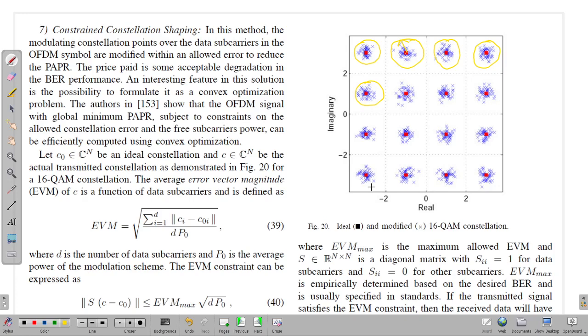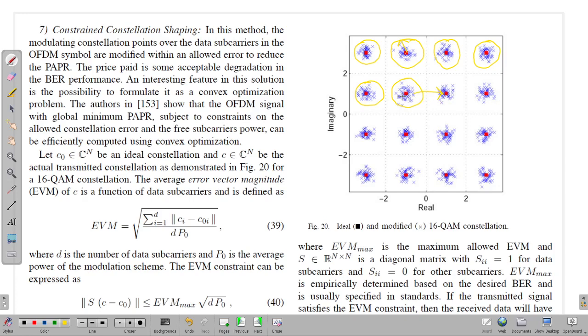But here, if this radius exceeds a particular value, then it gets into the decision region of the neighboring constellation point. If I increase the radius beyond a particular point, it will interfere with the neighboring constellation point.